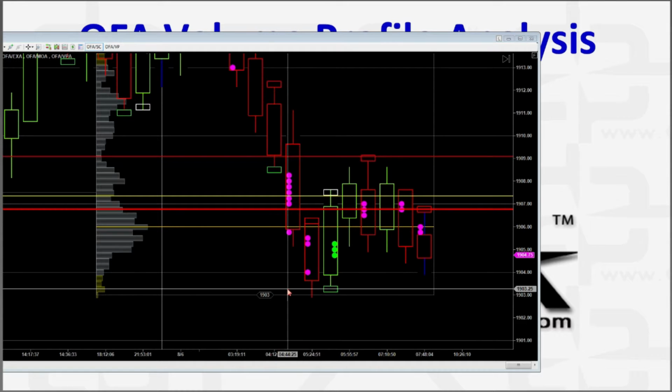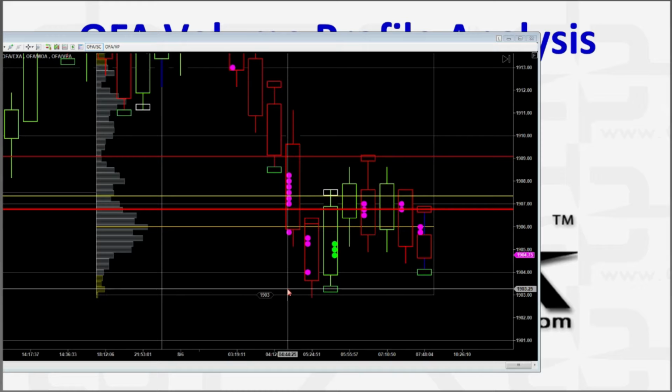Does it mean that price won't go lower? No. But what I can tell right now, as I start developing my story for the ES in terms of getting context, is that I know there is a significant participant down here that sees value higher than 1903.25, 1903.